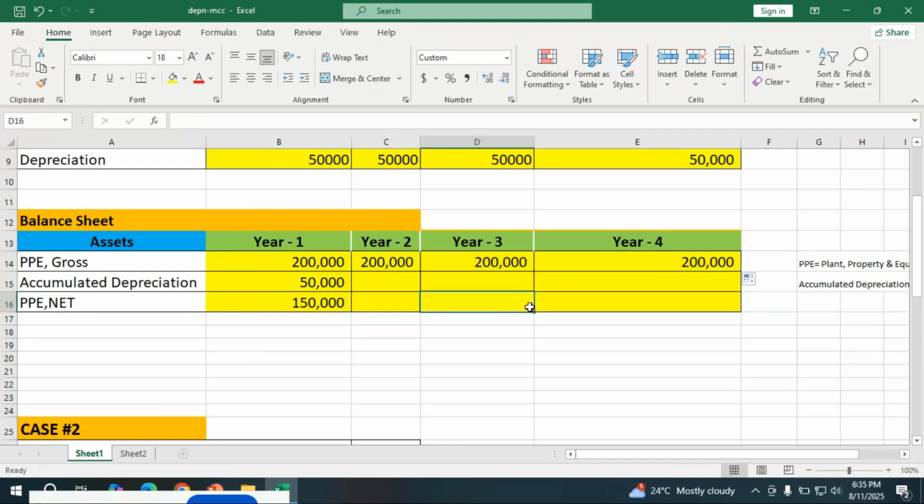Okay. Now, 50,000 is for the first year and 1 lakh 50. The current year depreciation is already 50,000, because for all the 4 years the base depreciation is 50,000. But the previous year's depreciation also has to be put, so it is 50,000.